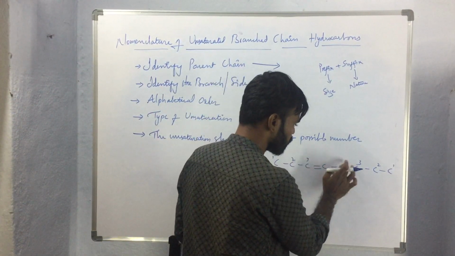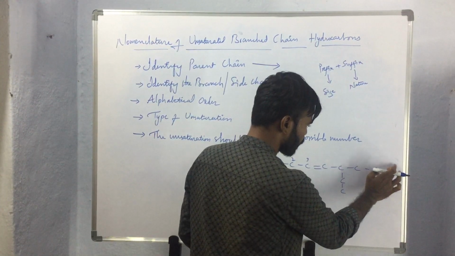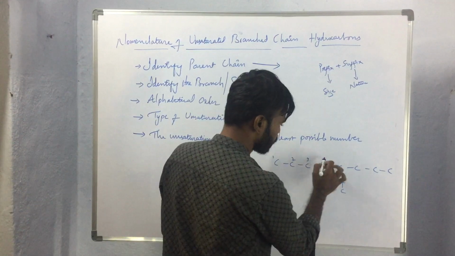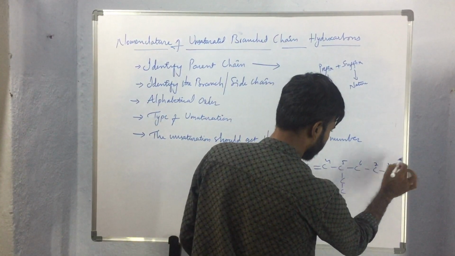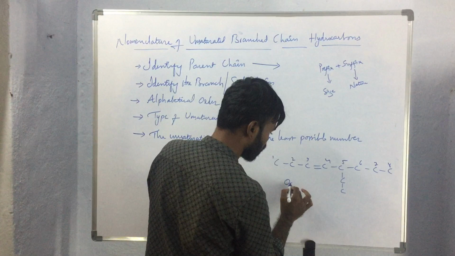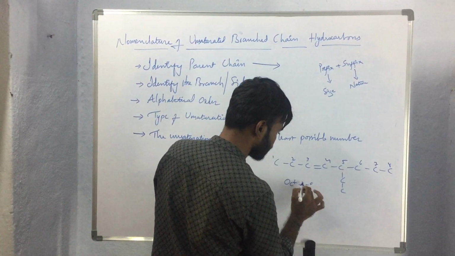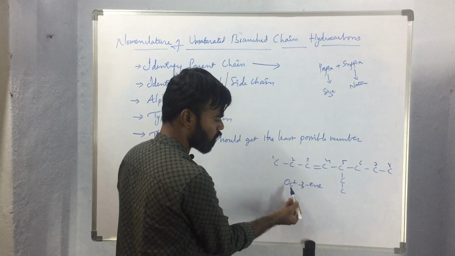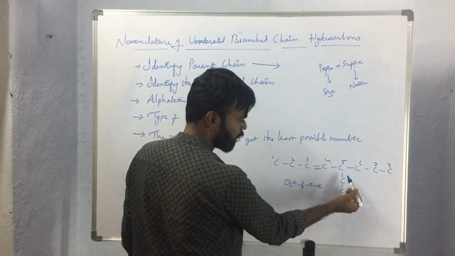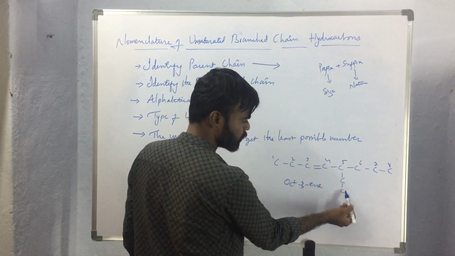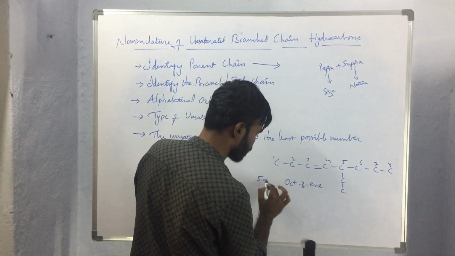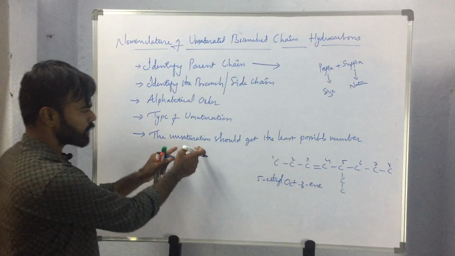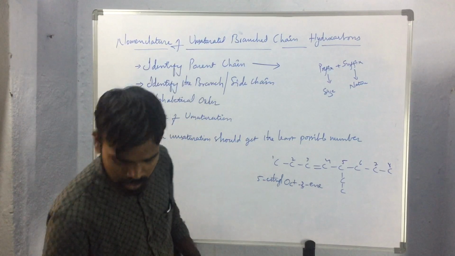So the name of the compound: 8 carbons are there, oct-3-ene. The third carbon atom has the double bond, and we have an ethyl substituent on the fifth carbon atom, so the name of the compound will be 5-ethyloct-3-ene. Okay, so the unsaturation should get the least possible number.